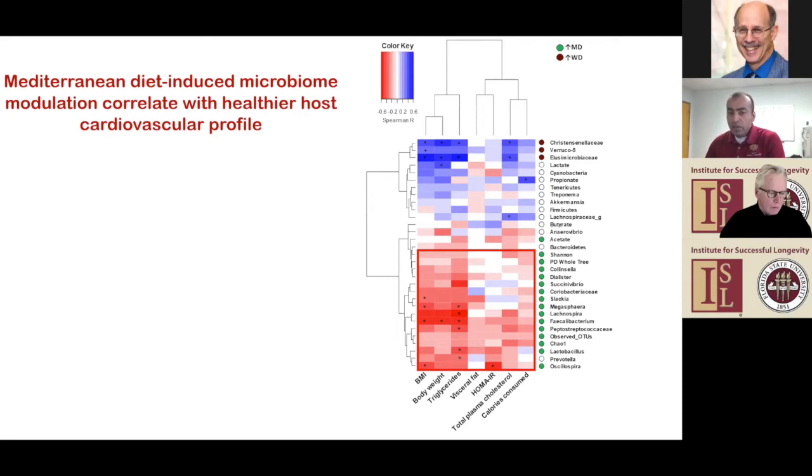This means that the monkeys which had an increased population of these bacteria because of the Mediterranean diet had lower BMI, lower body weight, lower triglycerides, and lower, though insignificantly, cholesterol. So this study showed that diet-induced microbiome changes are positively correlated with improvements in the cardiometabolic health markers in these monkeys.